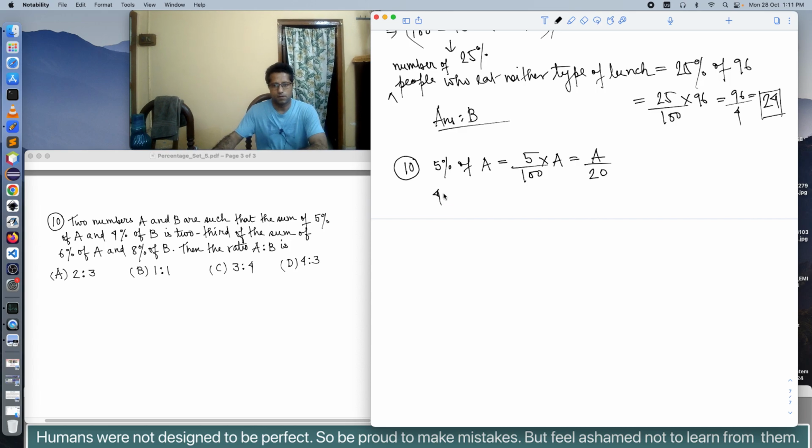4% of B is equal to 4 by 100 multiplied by B, which is equal to B by 25.